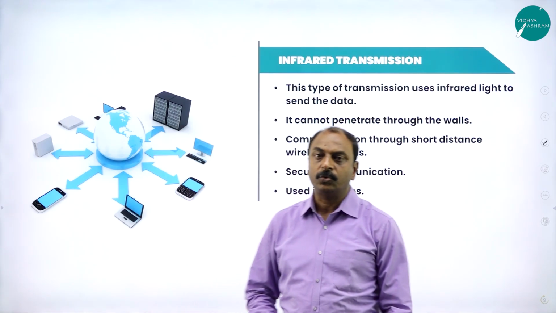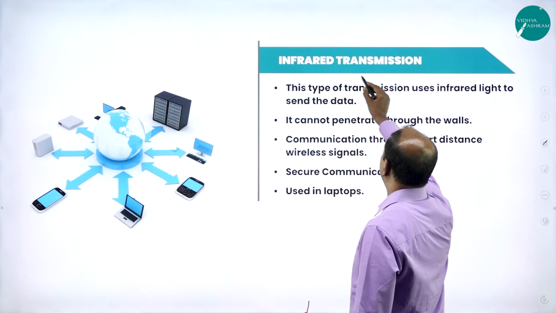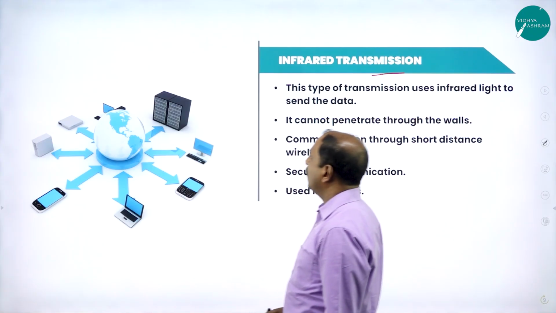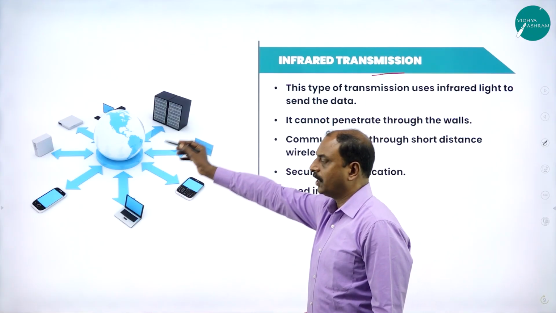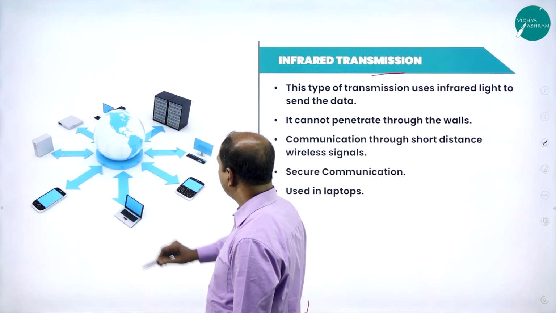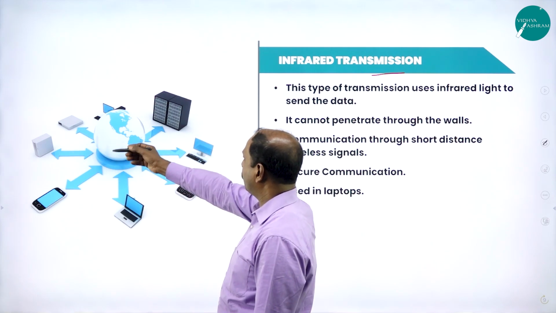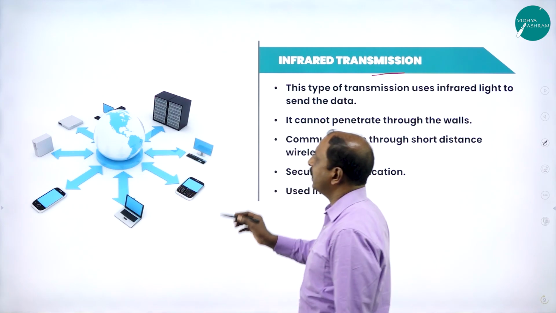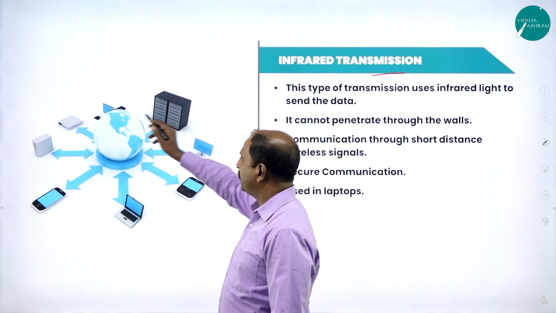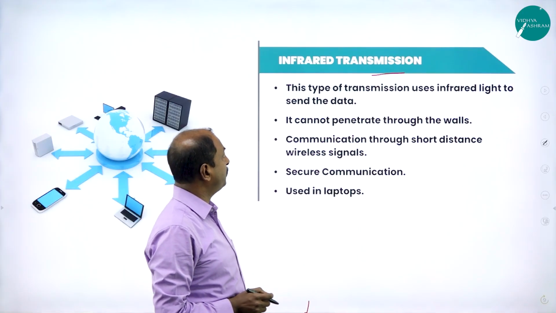Next, we move on to one more technology, that is wireless communication, that is infrared transmission. Now we can understand the meaning of this through this diagram. Here we have some laptops or mobile devices, and maybe hard disks, servers and data centers, and so many things. All this communication is possible among all the devices in the network with the help of infrared transmission.